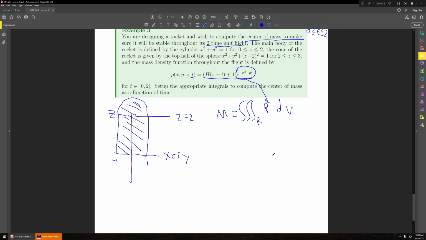So I'm going to split it into 2 regions, R1 down here and R2 up here. I'm going to use cylindrical coordinates for one and spherical coordinates for the other. So this is going to be the triple integral over R1 of rho dV plus the triple integral over R2 of rho dV.